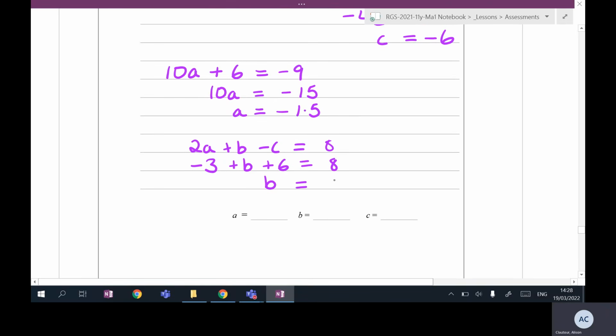So B is 8, and I've got 3 on this side, so take away 3 is 5. So you want to eliminate one of the letters, then pick another 2 equations, eliminate that same letter, and use those 2 simultaneous equations.